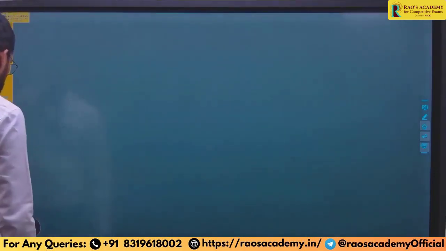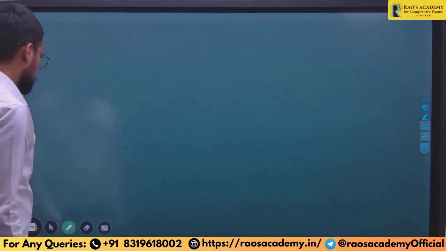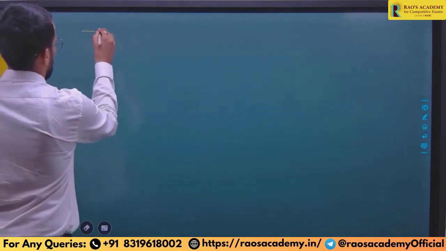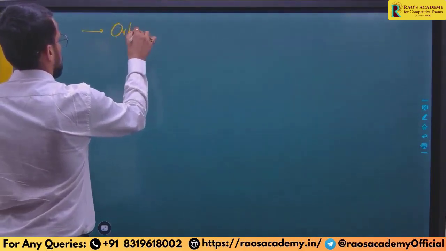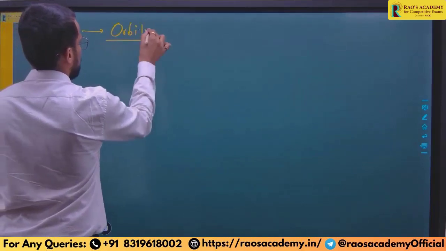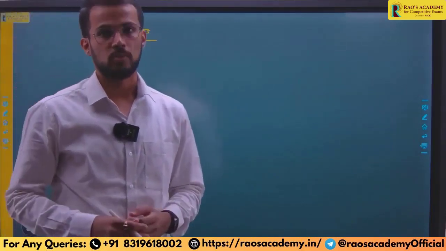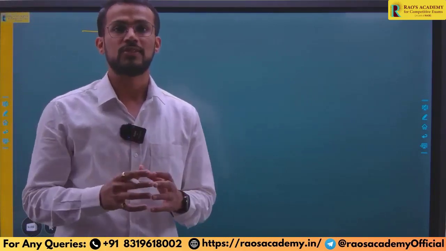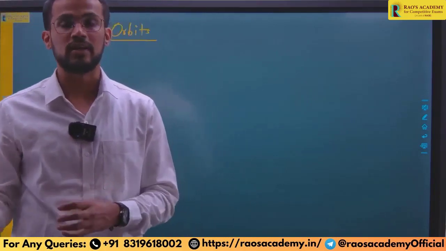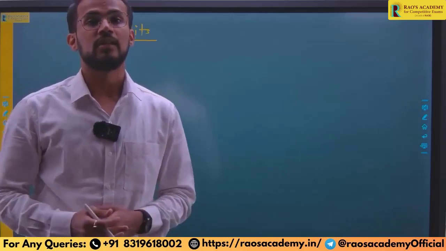In this subject, firstly, you should know more about orbits. There has to be a proper amalgamation of current as well as static topics, because on the basis of static topics you will be able to understand current affairs in a better way.